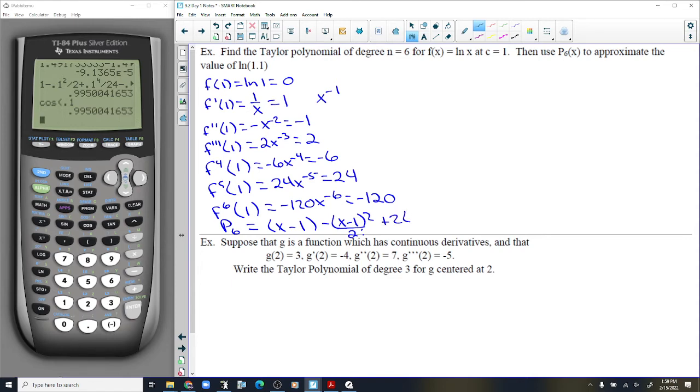So plus 2x minus 1 to the third over 3 factorial. Minus 6x minus 1 to the fourth over 4 factorial. 24x minus 1 to the fifth over 5 factorial. And finally, minus 120x minus 1 to the sixth over 6 factorial.